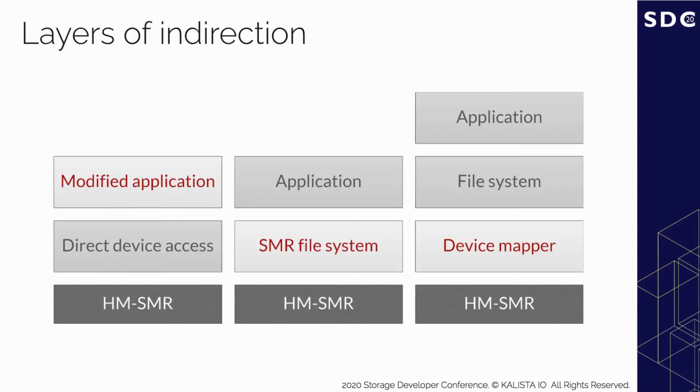There's a saying in computer science that any problem can be solved by adding a layer of indirection, except for the problem of having too many layers of indirection. Host-managed SMR enablement is no different. The boxes with the red text indicate where host-managed SMR enablement could be implemented in the software stack. We could implement it in a file system, block device driver, or even inside an application.